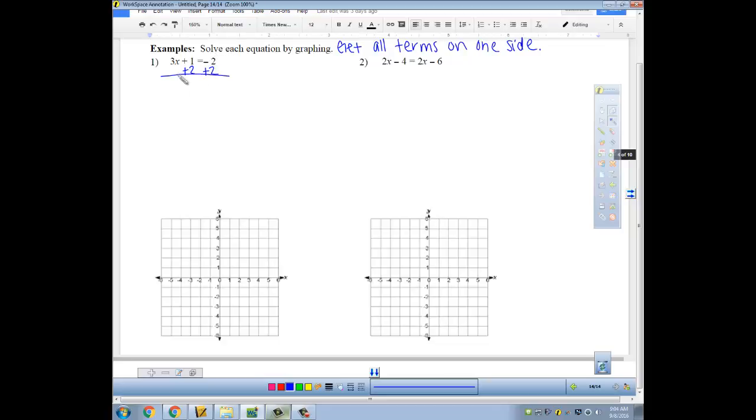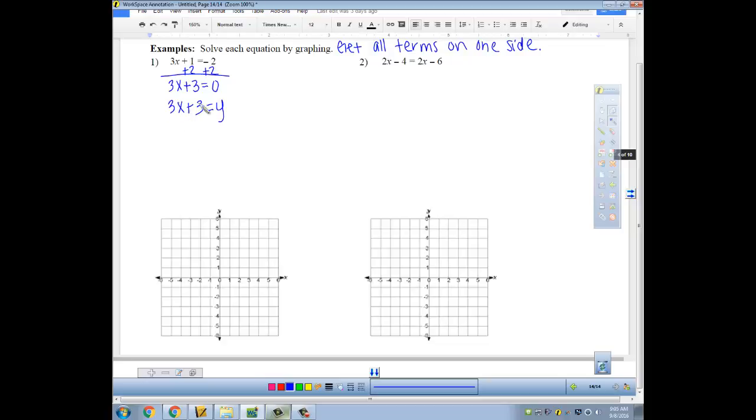Don't add it to the 3x because those aren't like terms. So we get 3x plus 3 equals -2 plus 2 is 0. So my goal here is to have 0 on one side. We will be practicing this a lot throughout the year. Once you have 0 on one side, I'm going to change that to 3x plus 3 equals y, just because that's what we're used to when we graph.